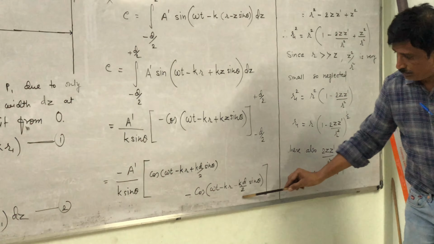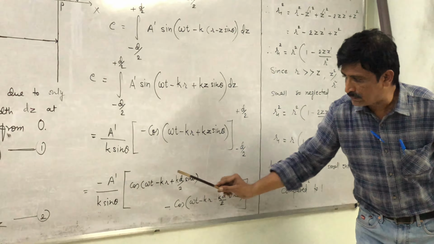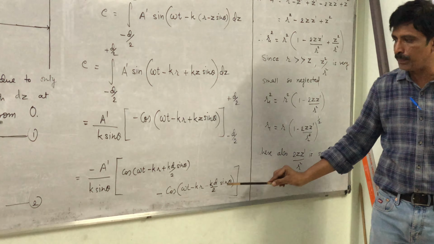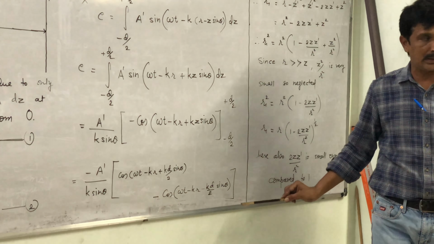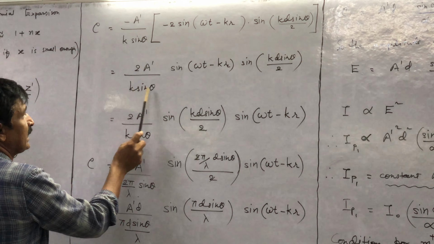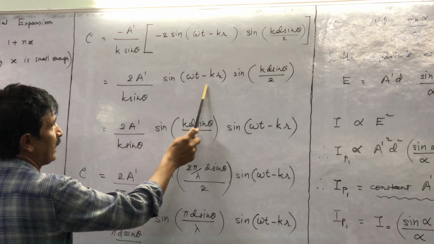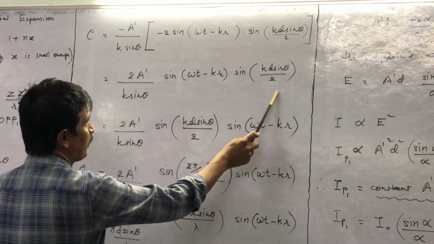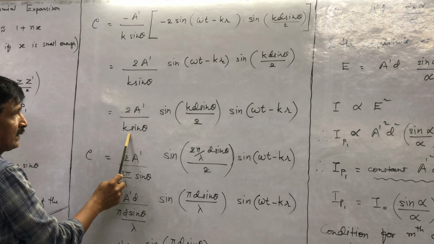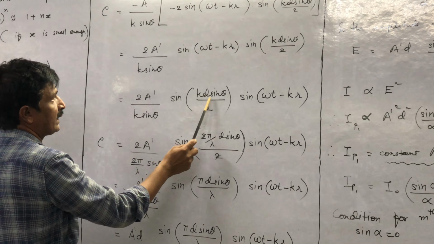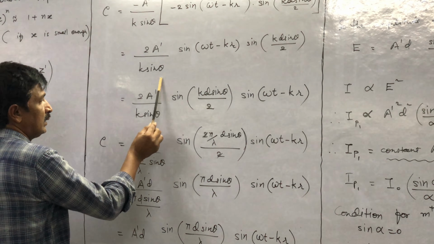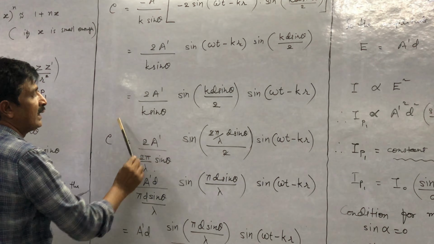So we have minus 2, minus 2A dash by k sin theta into sin(omega t minus kr) sin(kd sin theta by 2). Readjusting the terms: 2A dash by k sin theta into sin(kd sin theta by 2) into sin(omega t minus kr).